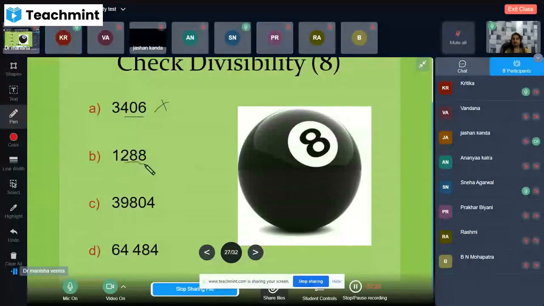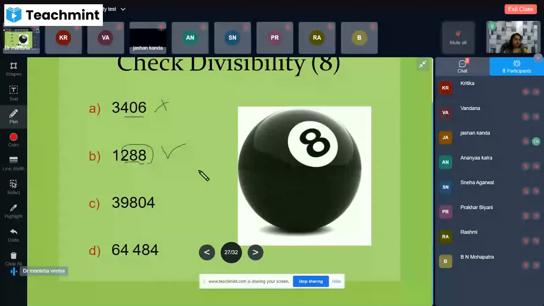Okay. Now let's move further. 288. Now let's see whether this gets completely divisible by 8 or not. देखिए आप, 288 को divide किया 8 से. 2 threes are 24.